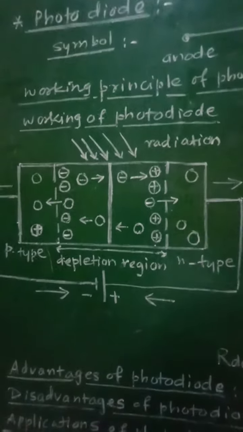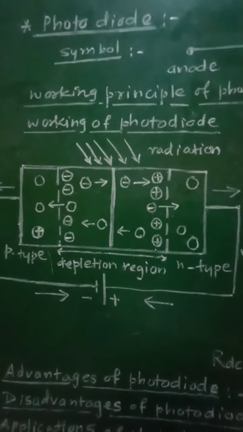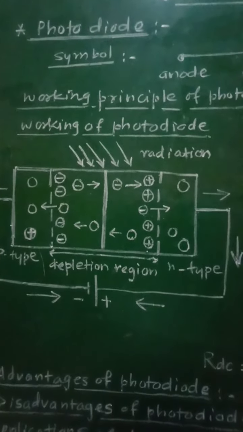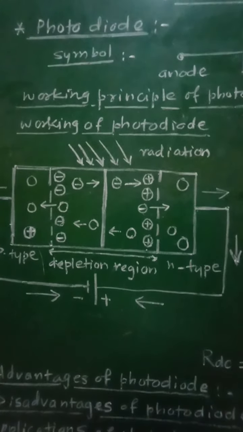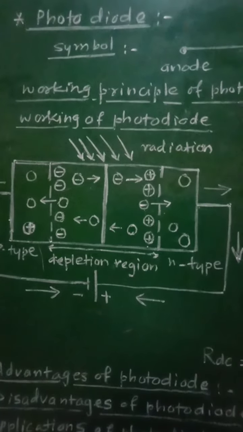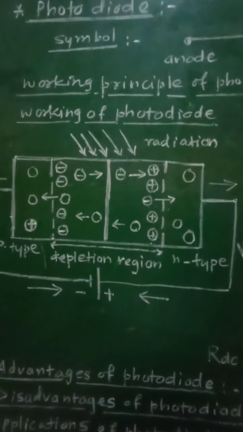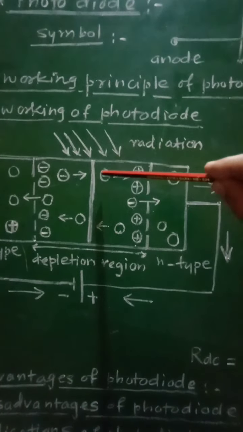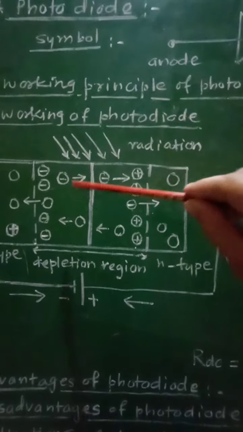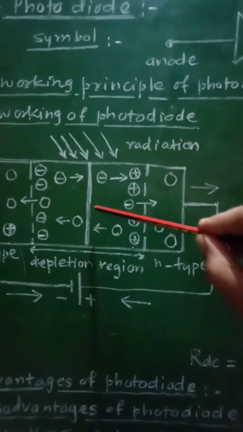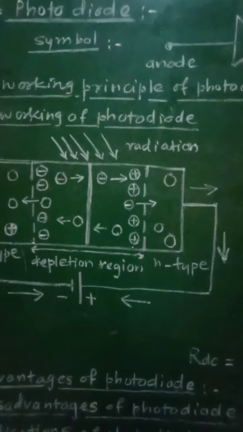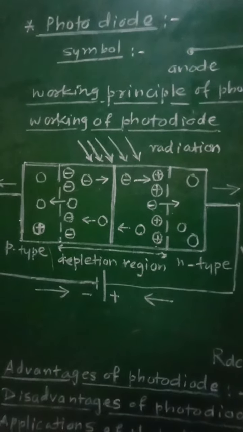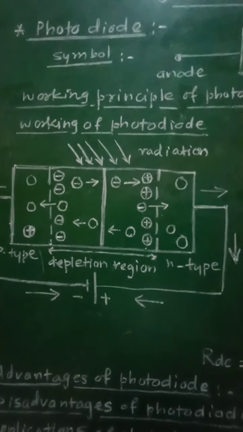So if you consider the working of this photodiode, we can say that when a p-n junction is illuminated, the electron hole pairs are generated in the depletion region. So when these light radiations fall on this depletion region, the electron hole pairs are generated in this depletion region.